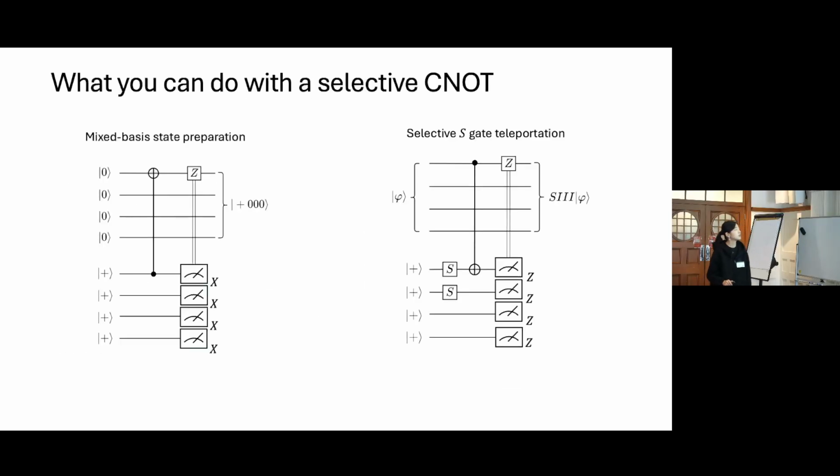And so next, a bit more of what you can do with this selective CNOT. So for example, you can do this mixed basis state preparation. So here, this is actually, again, a teleportation circuit on the first pair of logicals from 2 blocks. And you can also do a selective S-gate teleportation. So for example, if in your code you can do SS via some folding, then you can get a single logical S via this selective CNOT gate.